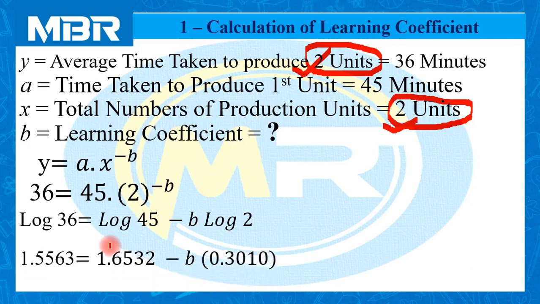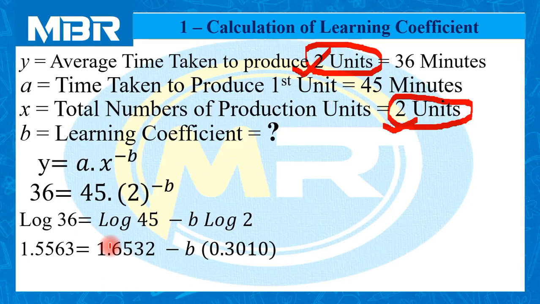So we need to check 36 into 0. The value of log is 1.5563. 36 has 2 digits, so we need to deduct 1 in order to consider the prefix: 1.36 into 0. So 5563 will be available to you from your log table.